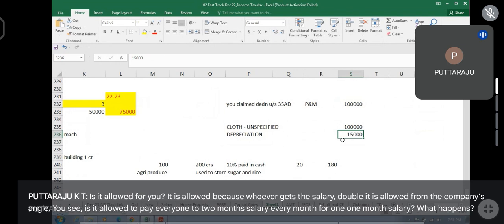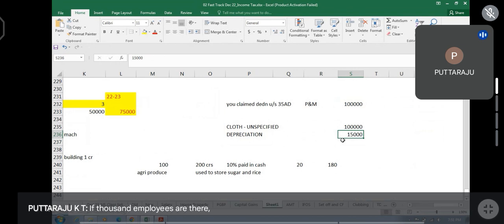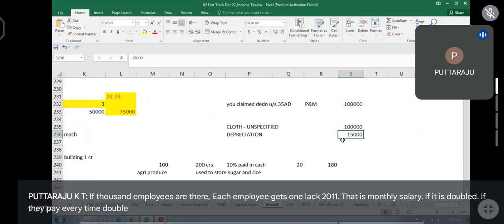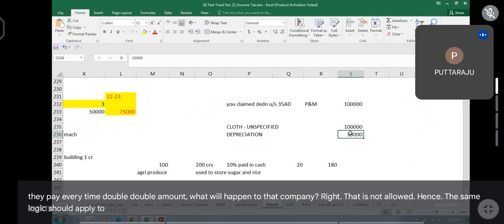If 1,000 employees are there, each gets 1 lakh, that is monthly salary. If they pay double every time, what will happen to that company? That is not allowed. Hence, the same logic should apply to assets also.